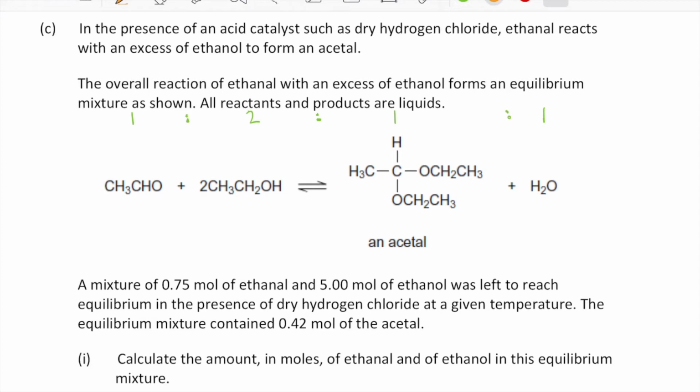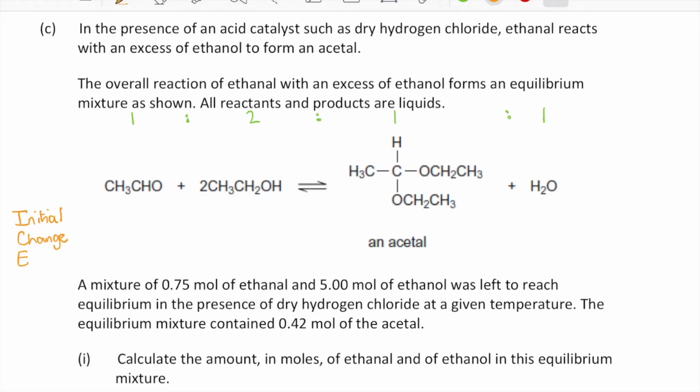This is an equilibrium question, so please remember to use the ICE acronym as a way of structuring your working out. The I stands for initial, where we're talking about the initial moles. C stands for change, so how the initial moles change.